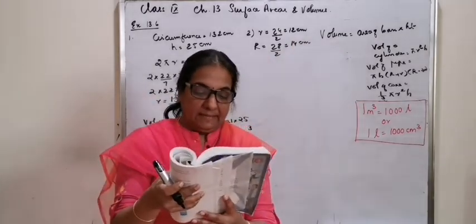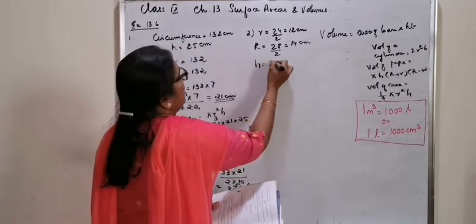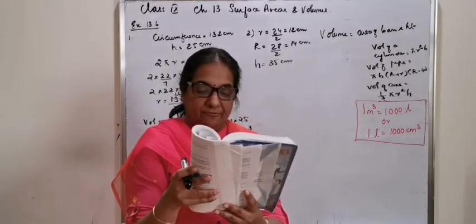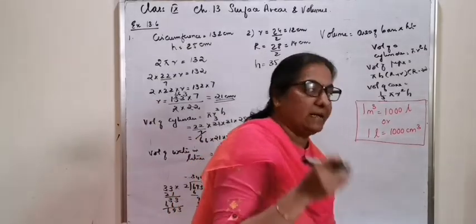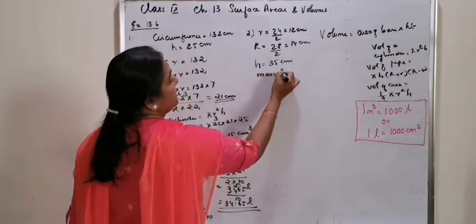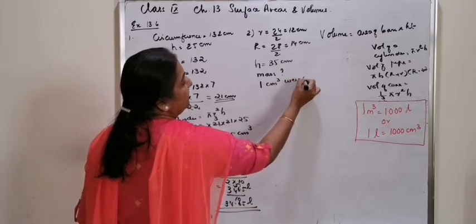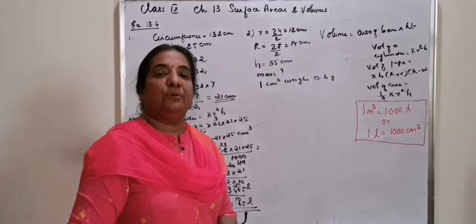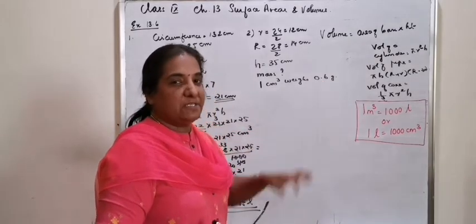The length of the pipe is 35 centimeter, that means the height is 35 centimeter. Find the mass of the pipe if 1 centimeter cubed of wood weighs 0.6 gram. So find the volume of the pipe and multiply by 0.6 gram. That will give you the mass of the pipe.